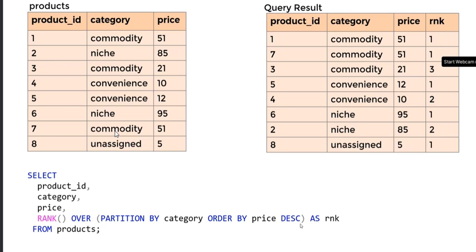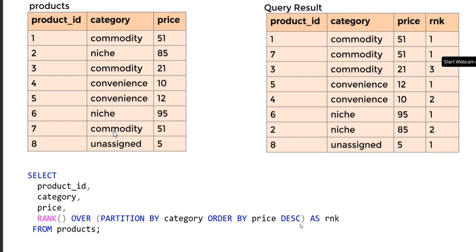The rankings are reset for each partition, each group of rows. If two products in a particular category have the same price, then they will get assigned the same rank value.